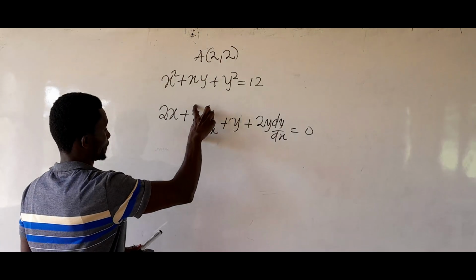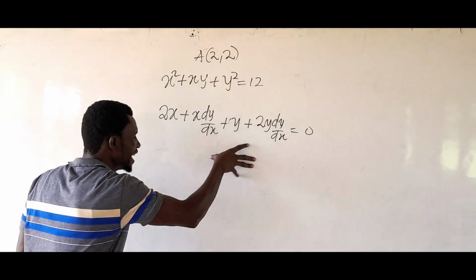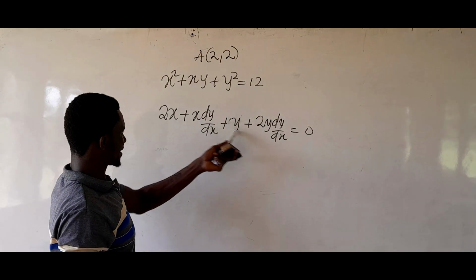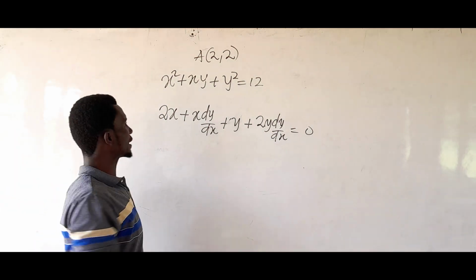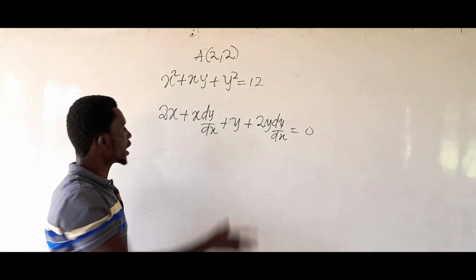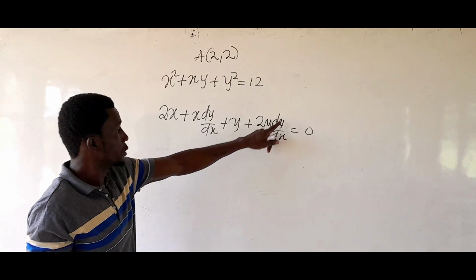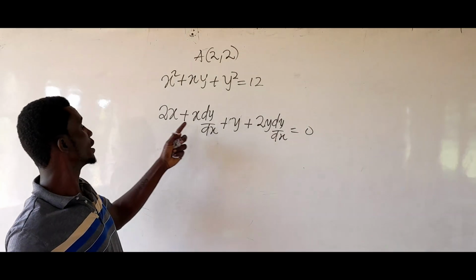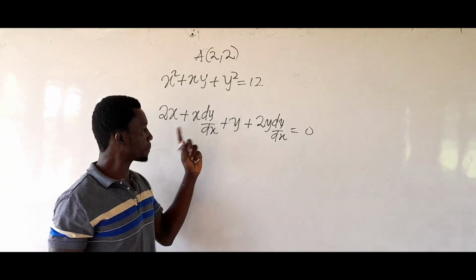So science and math students should know that with this you can quickly find your dy dx and substitute 2 inside without further working, like the way we solve in a normal class. Here, dy dx is here, x plus 2y is here. So definitely dy dx is negative 2x minus y, all divided by x plus 2y.